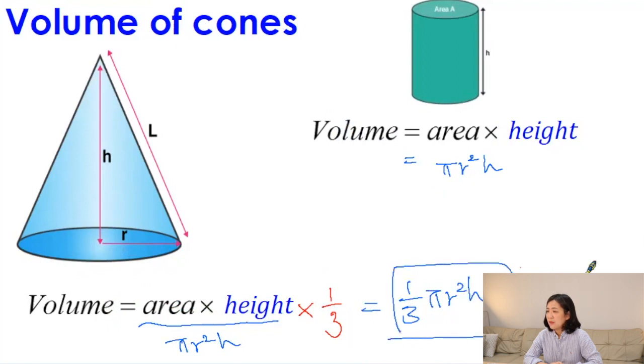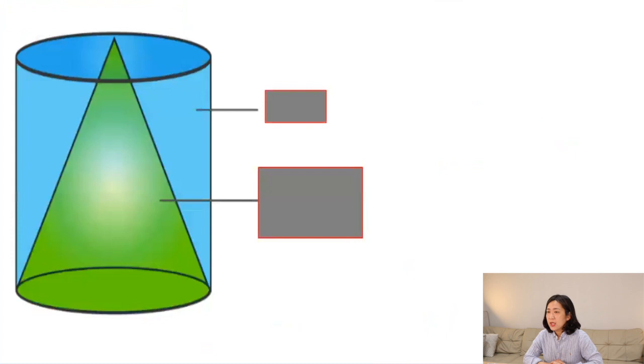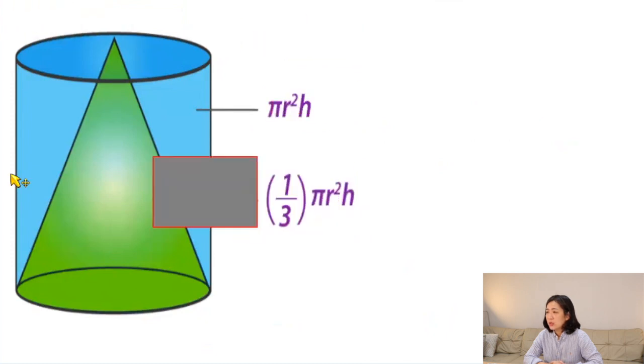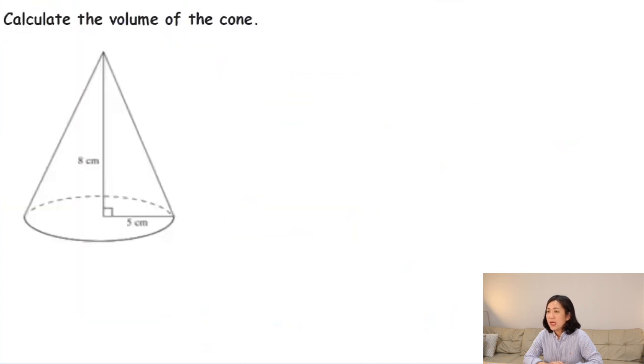So remember this formula. Right, as you can see in the picture, the cylinder is pi r squared h, and the cone is 1/3 of pi r squared h. Now have a look at the question here. The volume of a cone, we know, is 1/3 pi r squared h. So let's find out what r and h are.